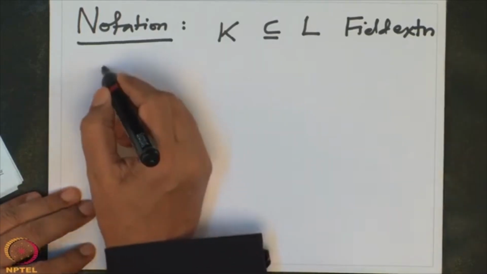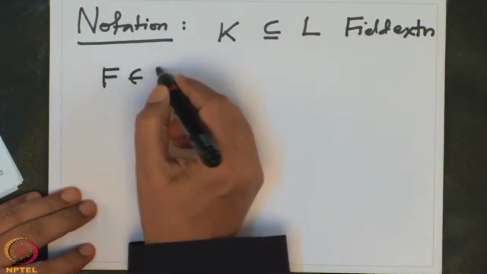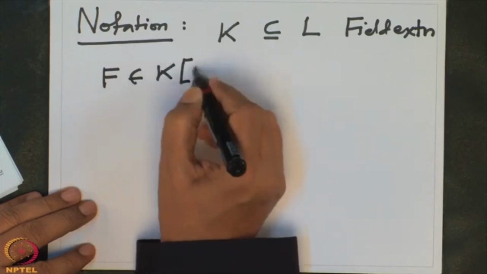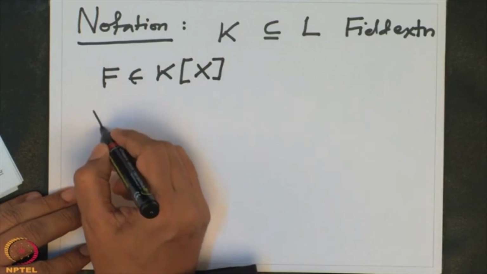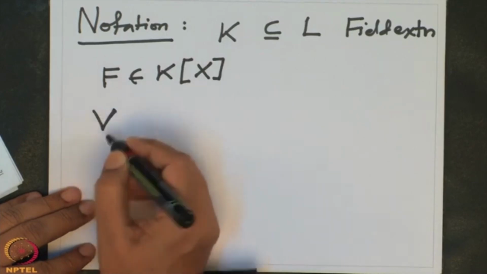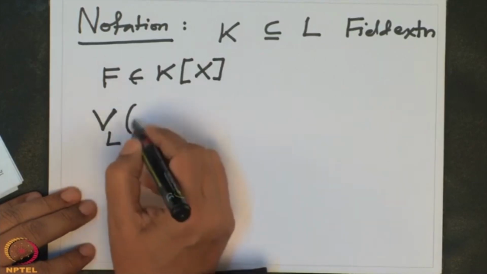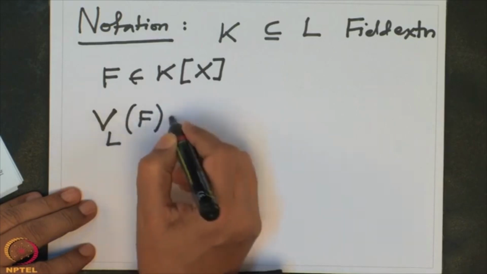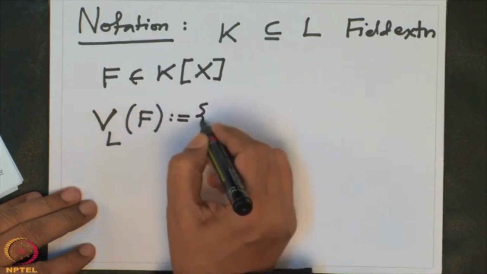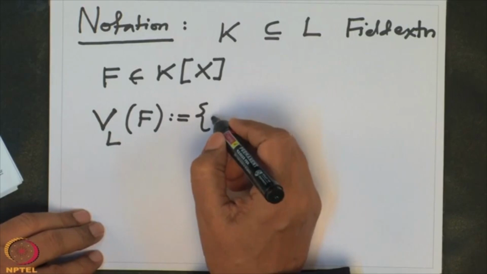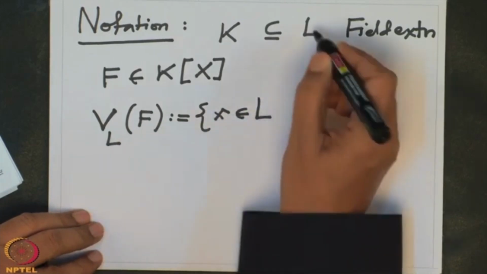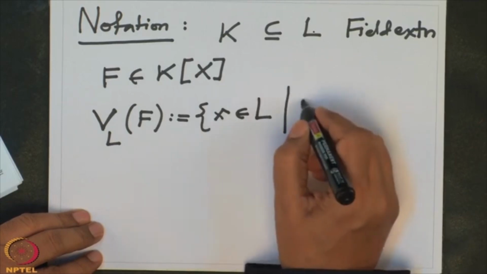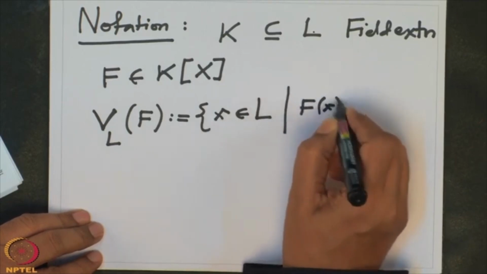Now, if I have a polynomial f with coefficients in K, then I will write V_L(f). This means all elements small x in capital L such that f of x is 0.